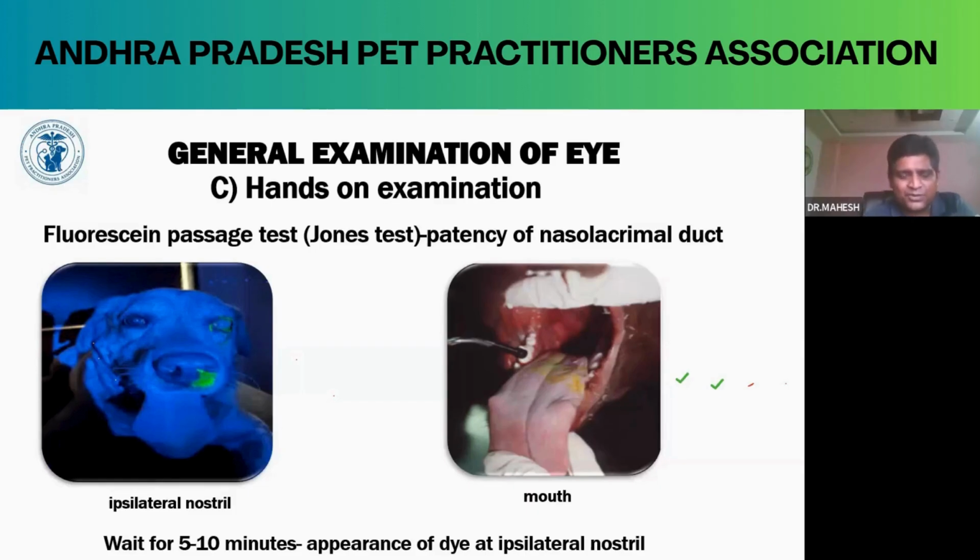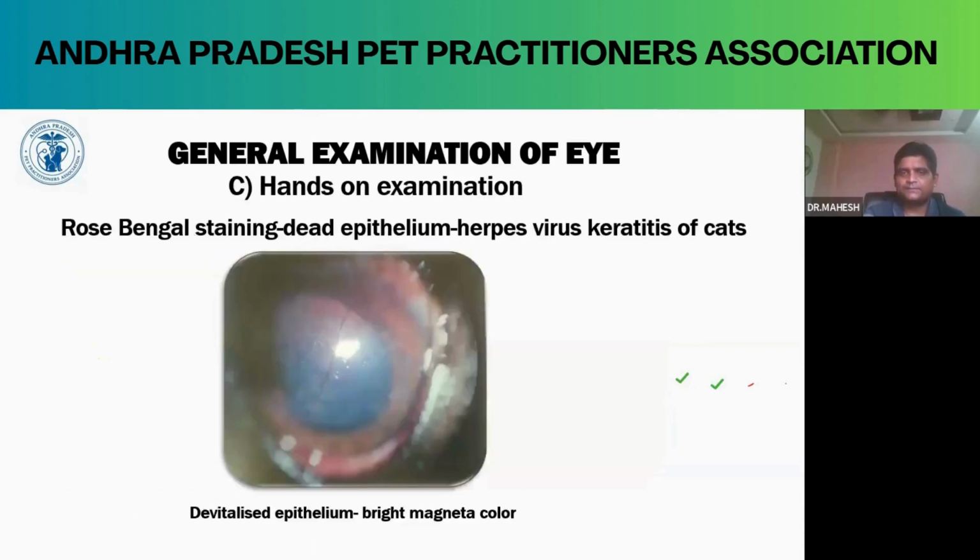Whenever there is an obstruction in the nasolacrimal duct, within 5 to 10 minutes you will not observe the dye at the ipsilateral nostril. So this is the Jones test, which we generally conduct to check the patency of the nasolacrimal duct.